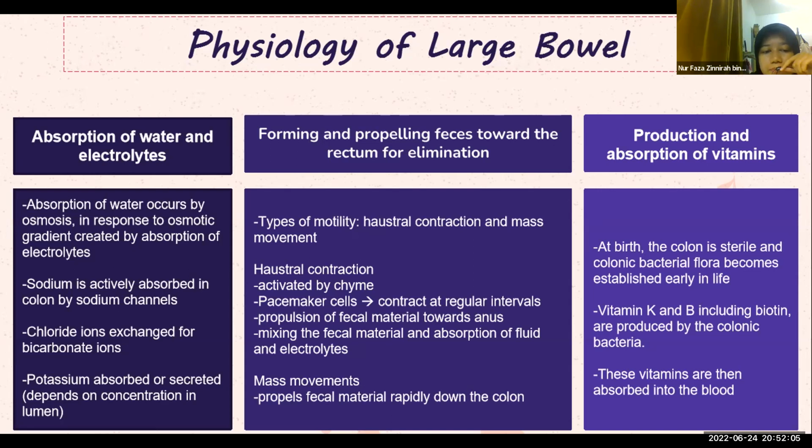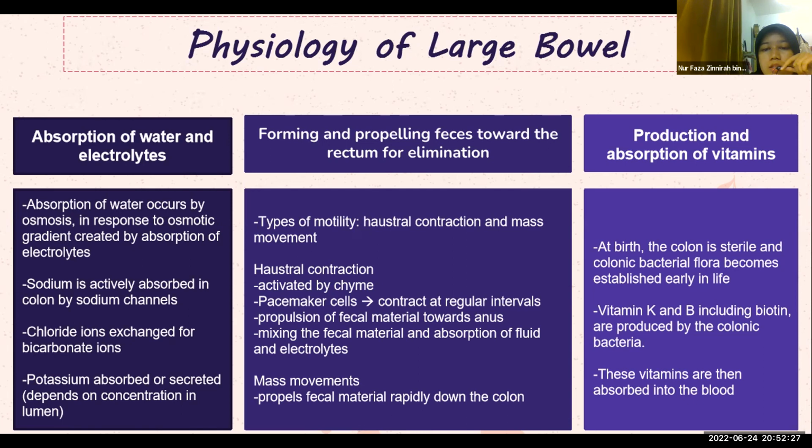This contraction causes propulsion of the feces towards the anus by gentle progression. So it causes the feces to move slowly to the next haustrum, and besides, it also mixes the fecal material to help with water absorption.